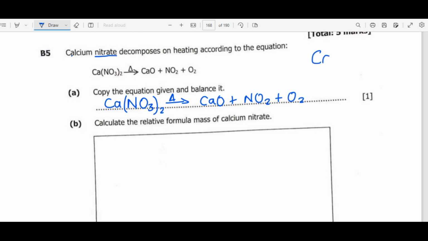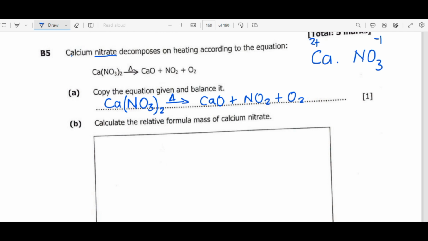So remember, calcium is in group 2. So calcium has a valence of 2. Then the nitrate is a radical, it's a polyatomic ion with the charge of -1. So remember, this is +2. Then here we have a -1.